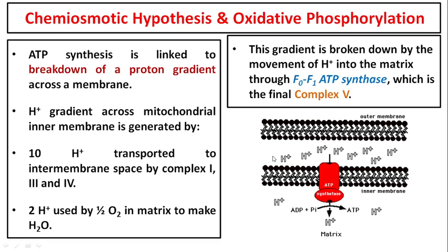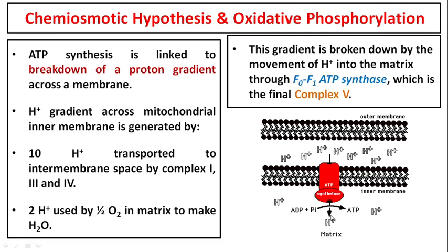So there is a gradient. There are high proton levels in the intermembrane space and lower proton levels in the matrix. This gradient is broken down by the movement of protons into the matrix. They can move back downhill, meaning from high concentration to low concentration.